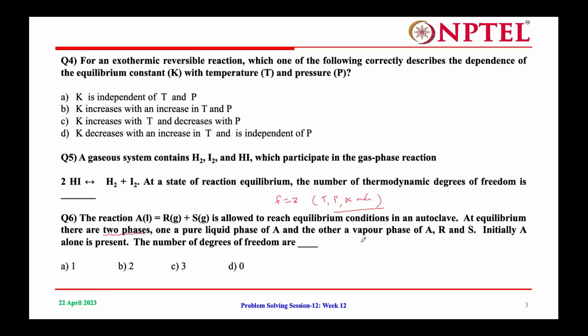The number of degrees of freedom is. So here the same formula: F is equal to C minus P plus 2 minus R, where R is the number of independent reactions. So here it is 1. Here the number of components is 3 and phases 2. So 3 minus 2 plus 2 minus 1.